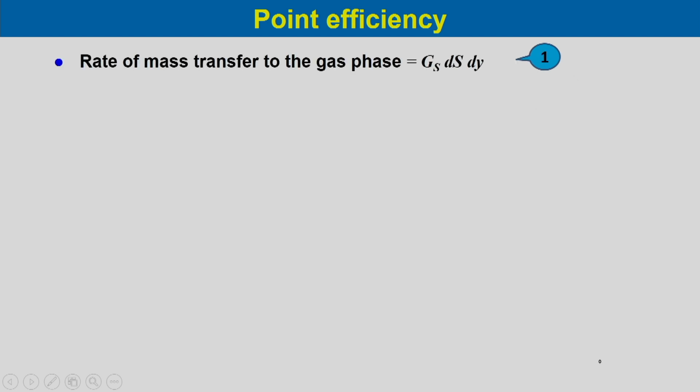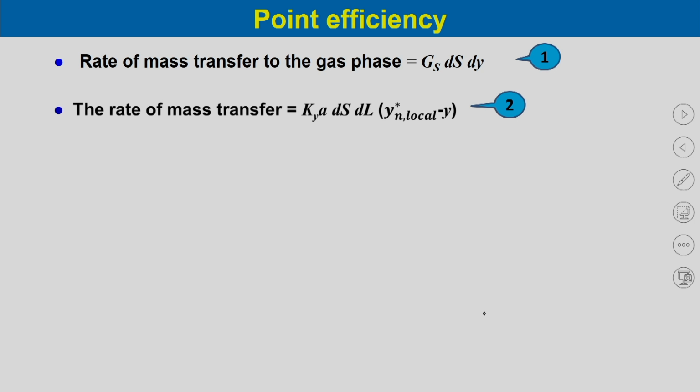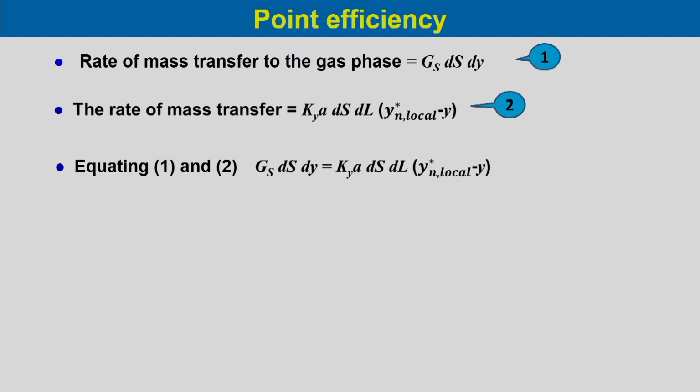The rate of mass transfer to the gas phase is this one, which is already mentioned, and the rate of mass transfer we can also correlate with this equation. And then if we equate equations 1 and 2, we get Gs ds dy equal to Kya ds dl into the concentration gradient (yn star local minus y).